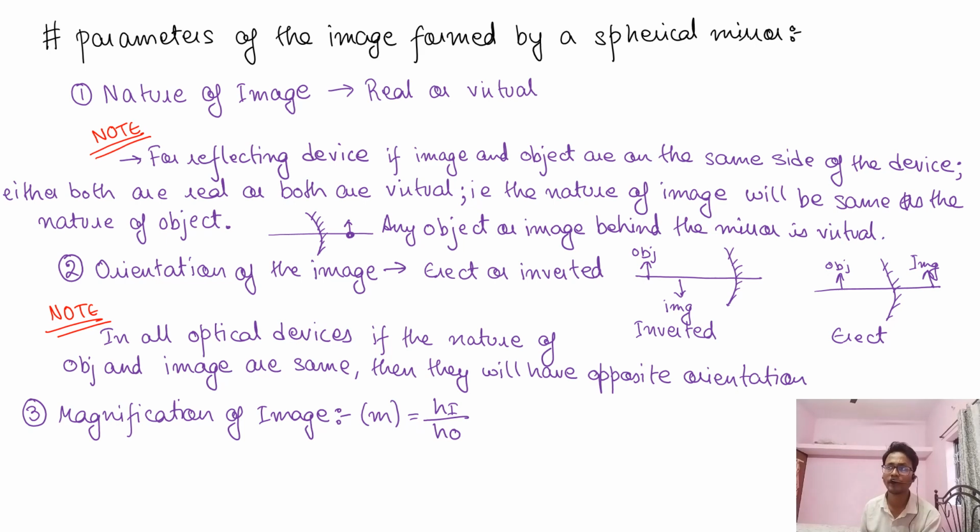And the fourth parameter we're going to learn is the distance of object and image from the pole.